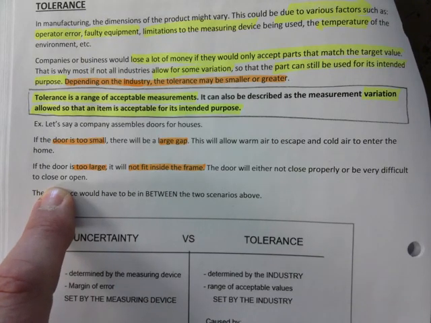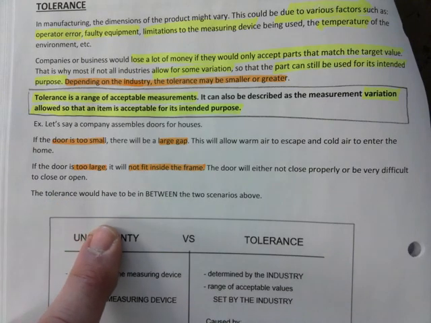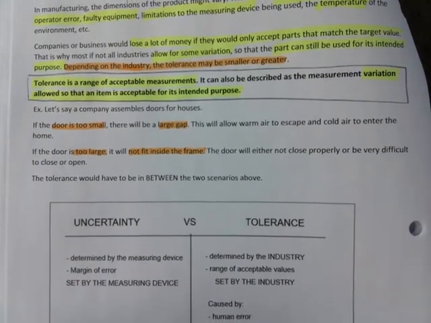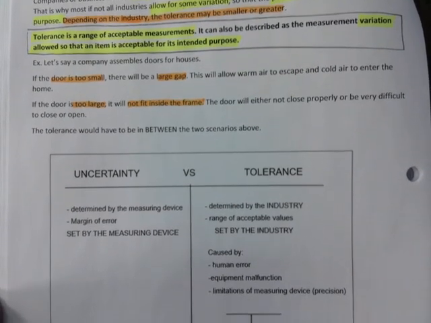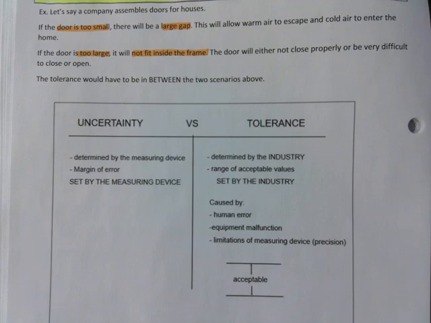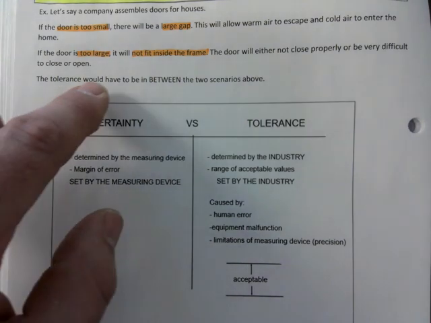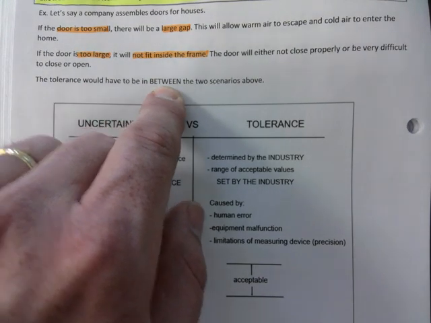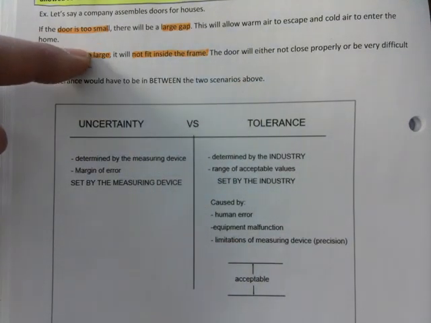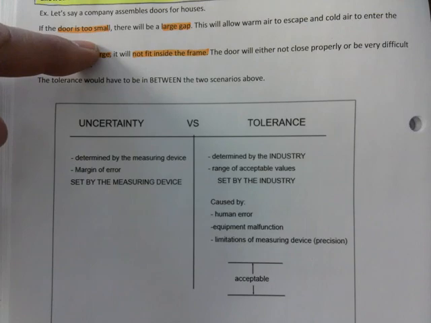I don't know if you've ever encountered where you have to almost rip out your arm to get that door to open in the winter. It might be too tight of a fit, right? Some more definitions, okay? The tolerance would have been in between the two scenarios above. So the tolerance is what we allow in between here.